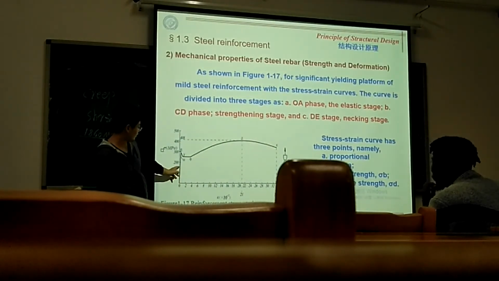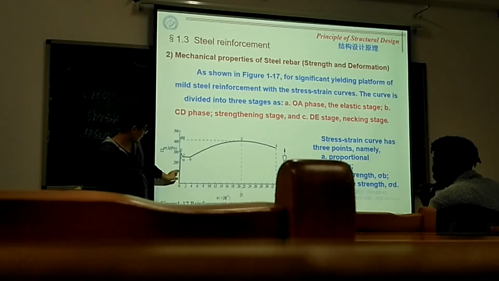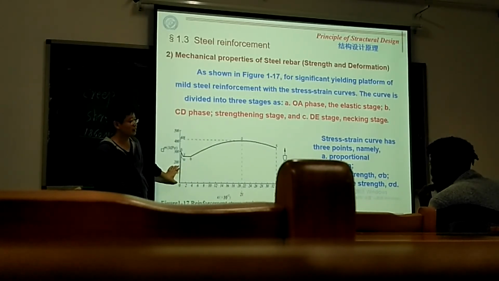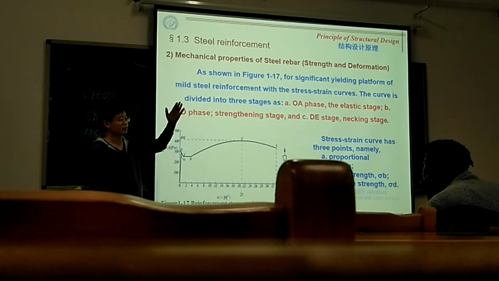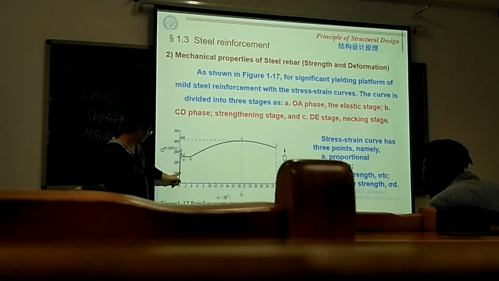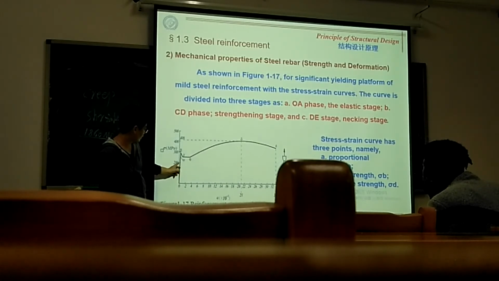But for this steel, you see, at the beginning there is also an elastic part, just like the concrete. When the force is small, the deformation and the force actually have a proportional relation. When the force is large, it increases.